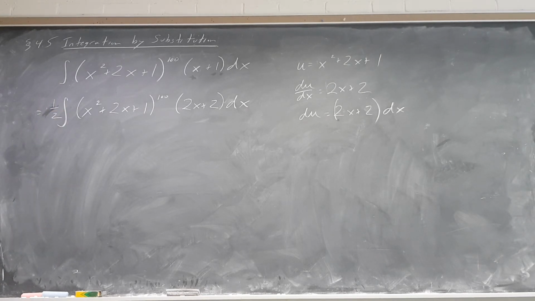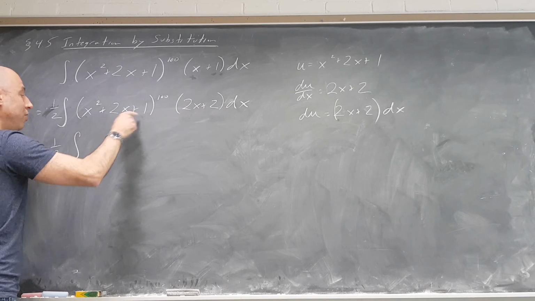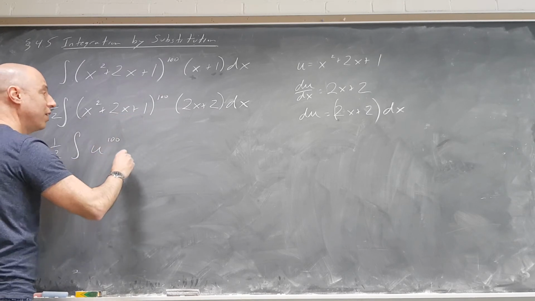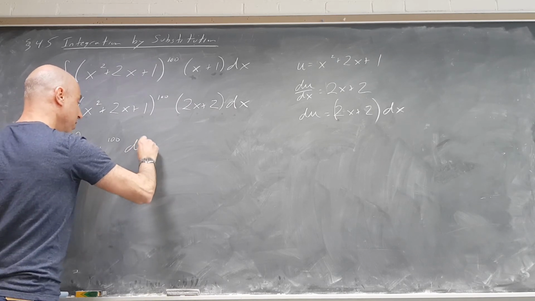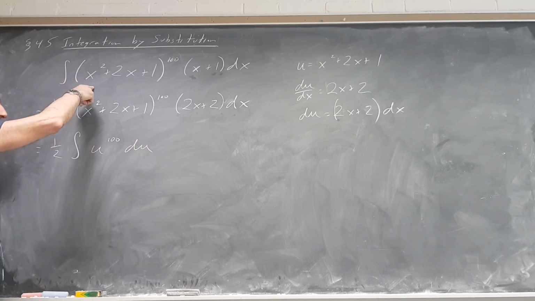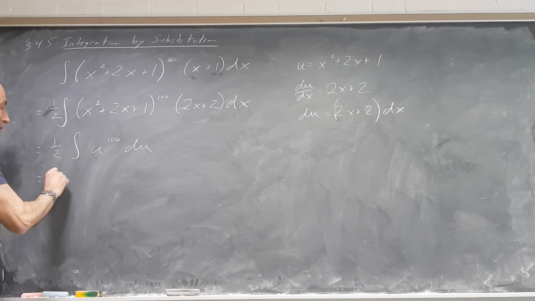Now I haven't changed anything. We're going to translate this into u's, 1/2. This is just u to the 100th. (2x plus 2) dx is just du. I've replaced what looks like a difficult antiderivative with a simple antiderivative in a different variable.